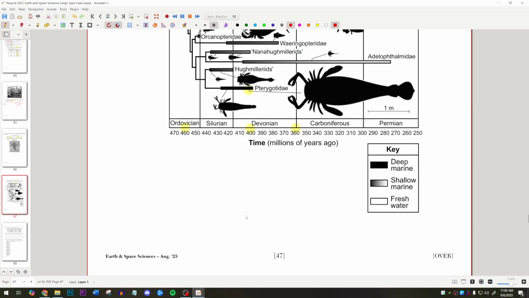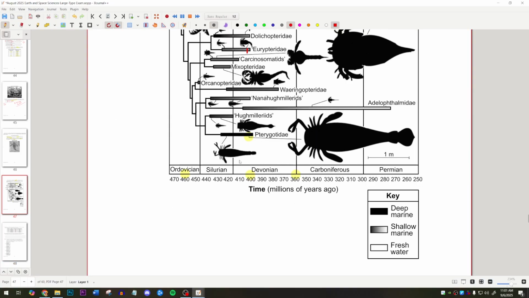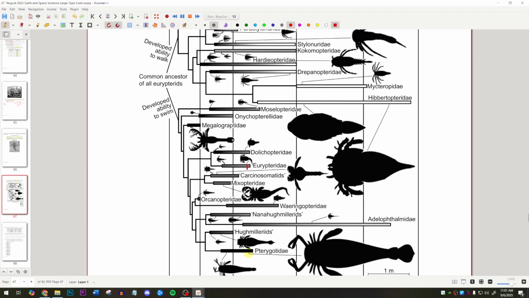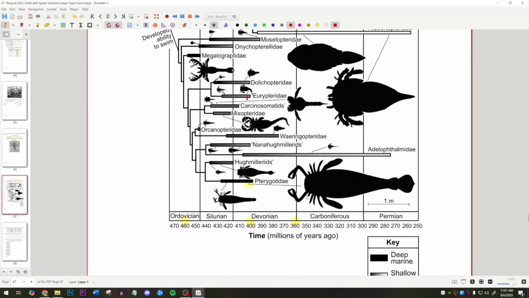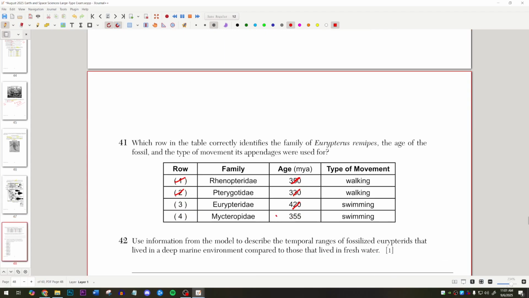It's like 405, so that's probably wrong. Mycteroptidae, I can't even pronounce these things. Mycteroptidae, 355. Right here. 355. That one hit. Is it swimming?